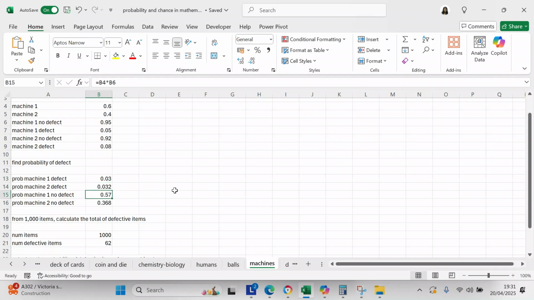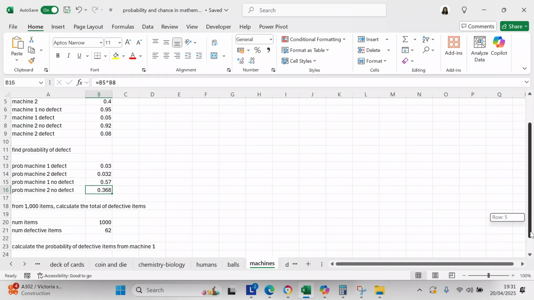Probability of machine 1 no defect equals B4 times B6, which is 0.57. And probability of machine 2 no defect is B5 times B8, which is 0.368.